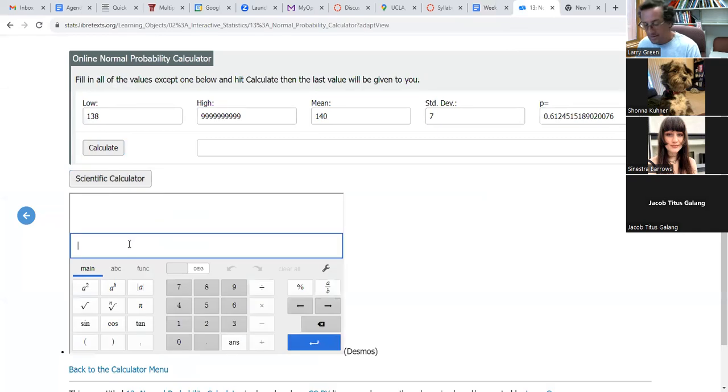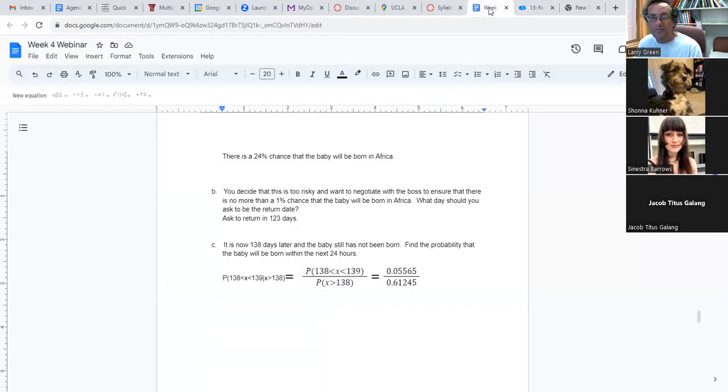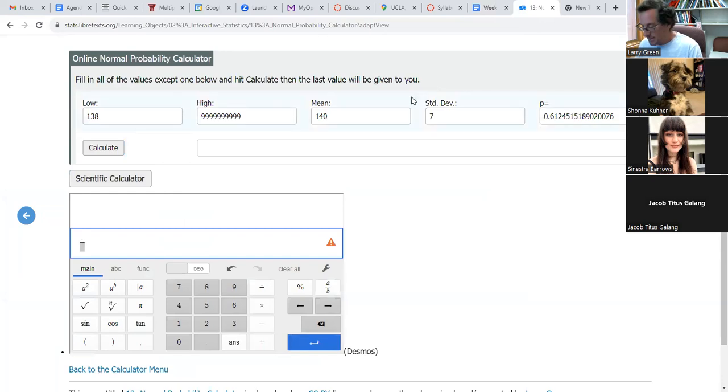We can go to the scientific calculator and do the fraction, 0.05565 divided by 0.61245, and you get about a 9% chance that the baby will be born in the next 24 hours. Any questions at all on this example?